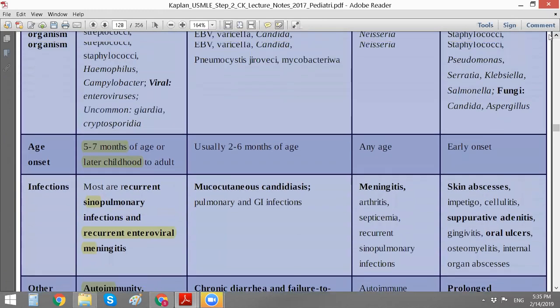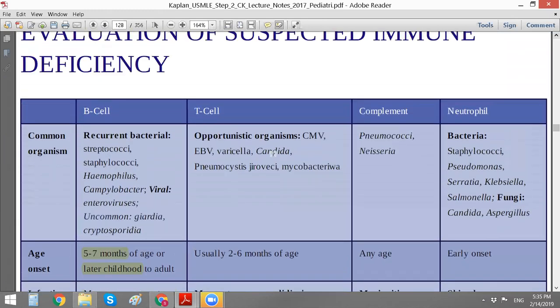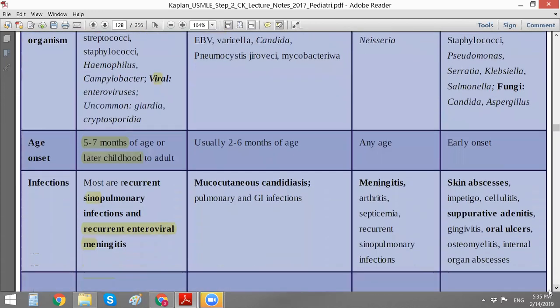So this was B cell. Now coming to T cell: opportunistic organisms, CMV, EBV, varicella. That was recurrent bacterial and viral, but now this is opportunistic, so they will be T cell. Usually 2 to 6 months of age.